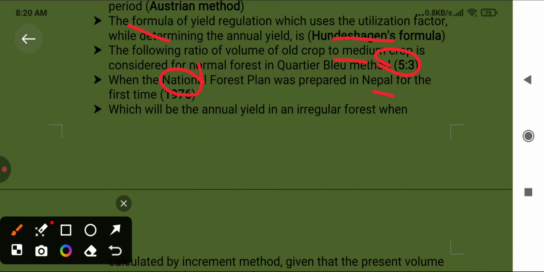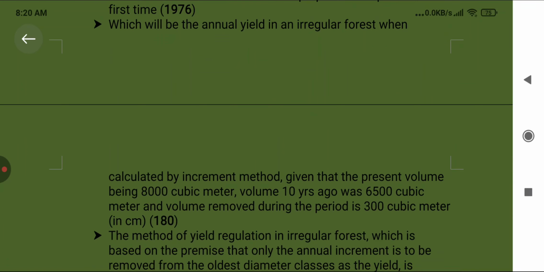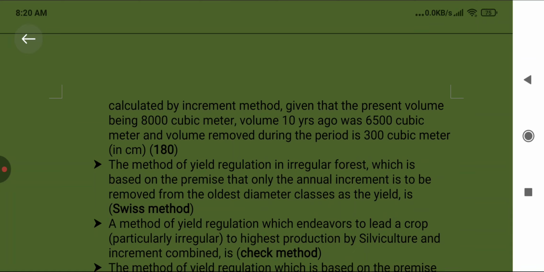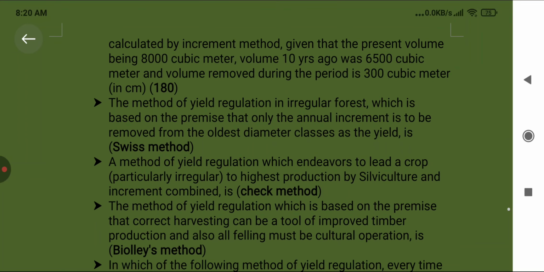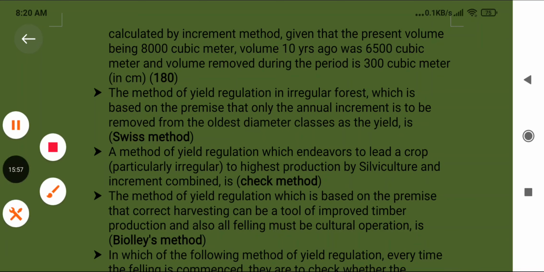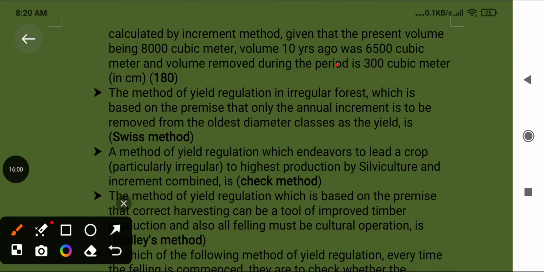And which will be the annual yield in an irregular forest when calculated by increment method, given that the percentage volume below 8000 cubic meter, volume 10 year ago was 60, 65 cubic meter and volume removed during the period is 300 cubic meter is 180.